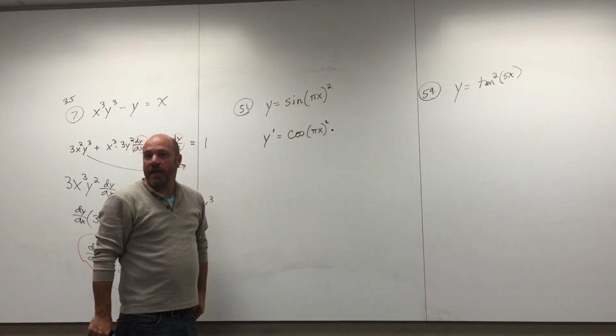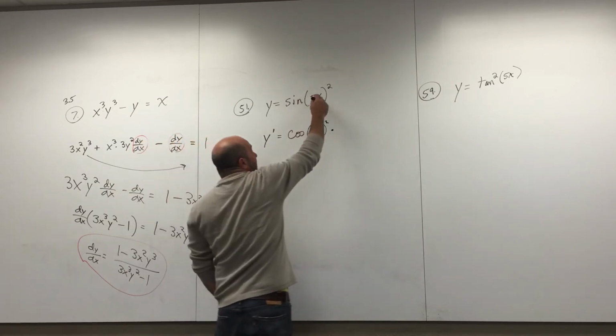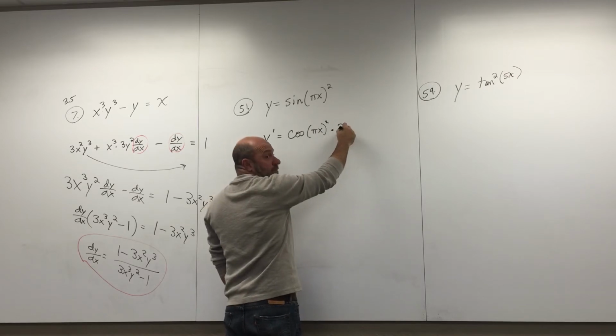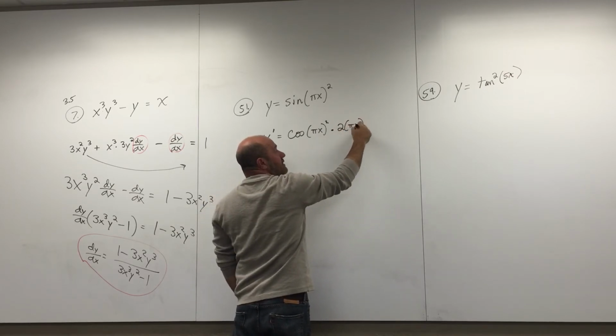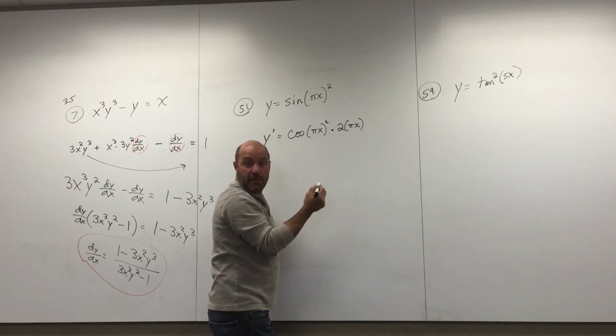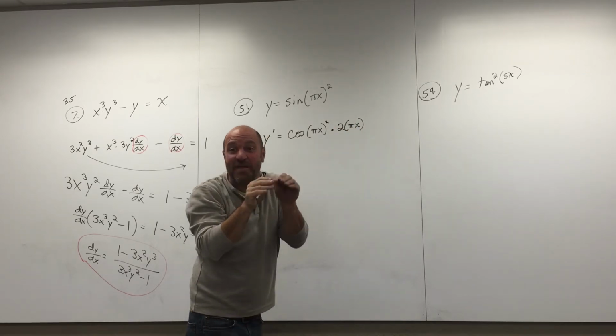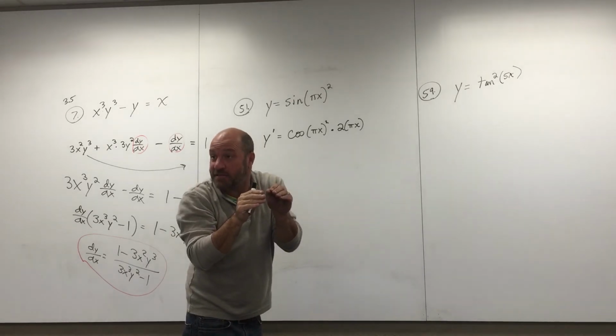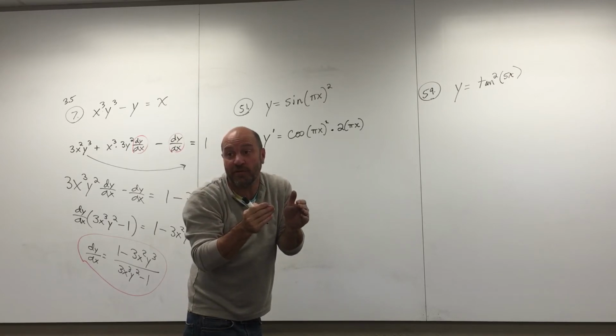That's the chain rule. How do I do the derivative of a little pi x squared? Maybe I bring the 2 down, and then it's a pi x to the first. But then technically I should go in there and take the derivative of the little pi x. It's a number times x. What's the derivative?